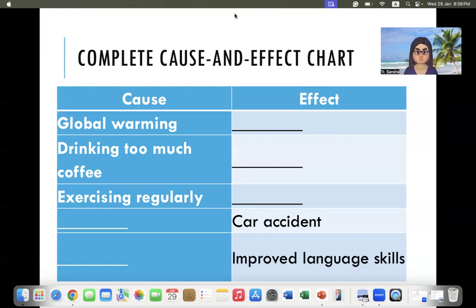Okay, thank you. So what about Cherizo and Kanjalin? Please tell me the effect of the first one, global warming. Yes, teacher. So the rising temperatures and rising sea level are the effects of global warming.